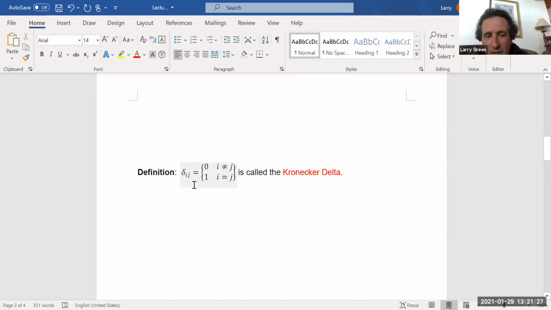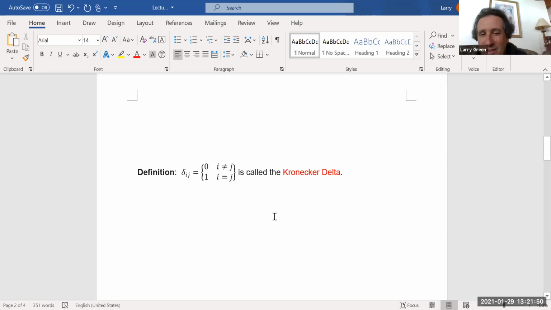So delta ij is a function of i and j such that if i is not equal to j, it's 0. And if i equals j, it's 1. And that's delta ij. And the formal name for it is Kronecker delta.